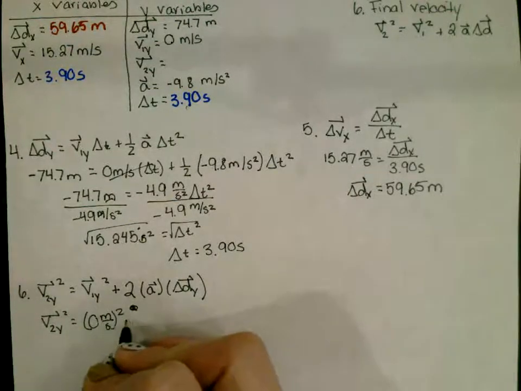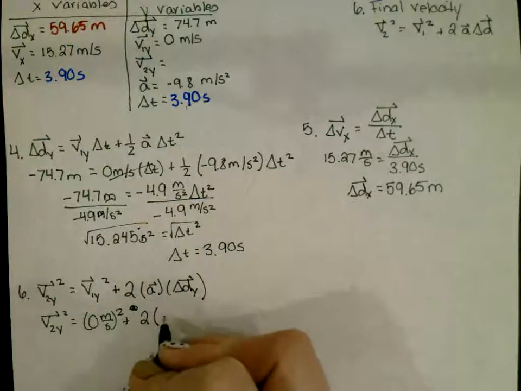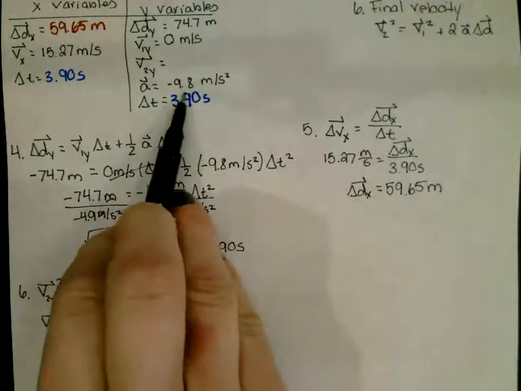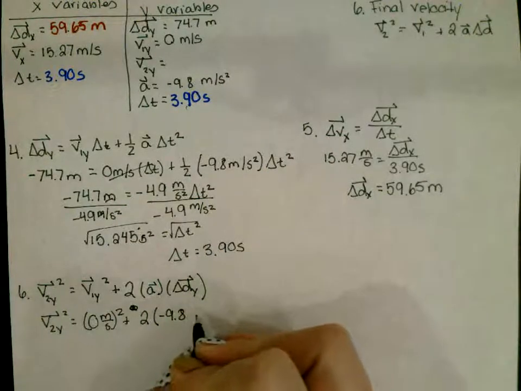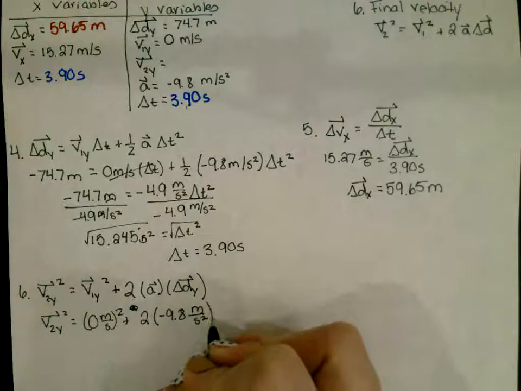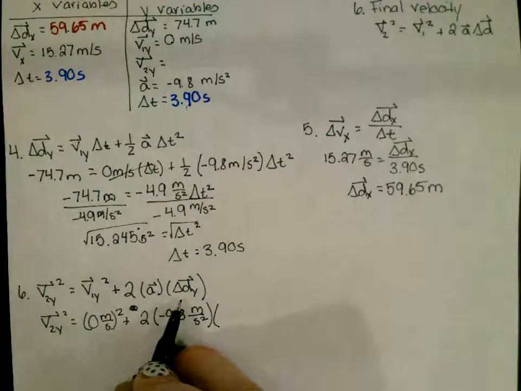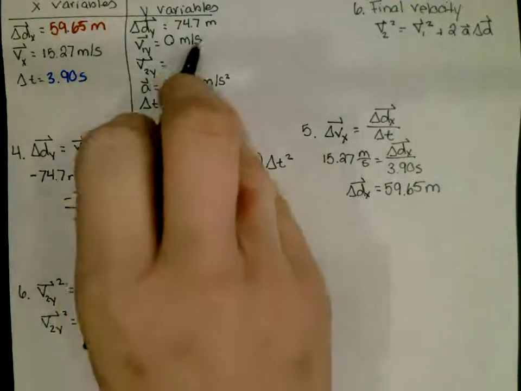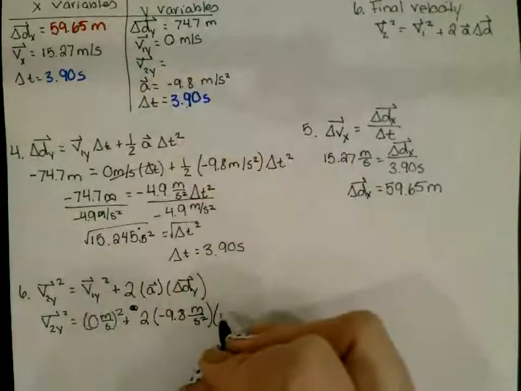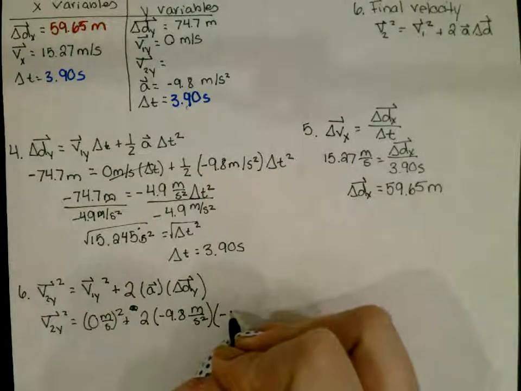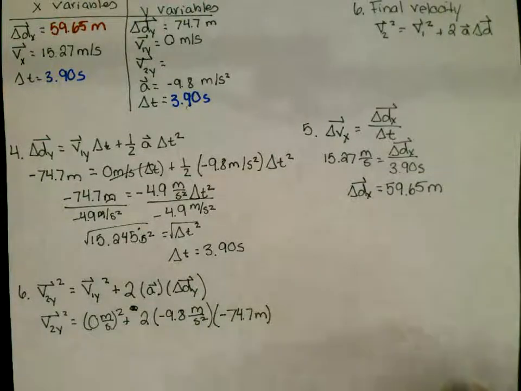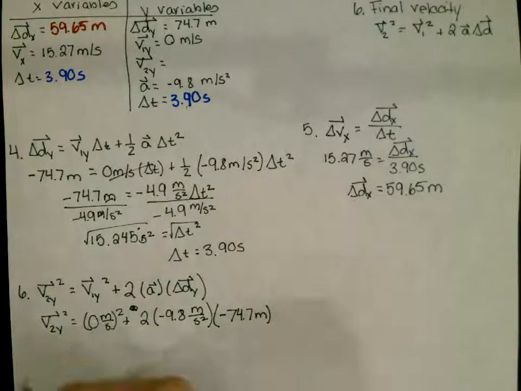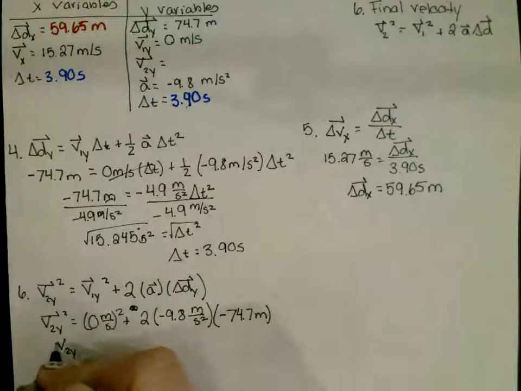Oh, that squared is a little off. Plus 2 times my acceleration was negative 9.8 meters per second squared. My vertical displacement was 74.7 meters down. So this is going to be negative 74.7 meters. I'm going to do my math here.